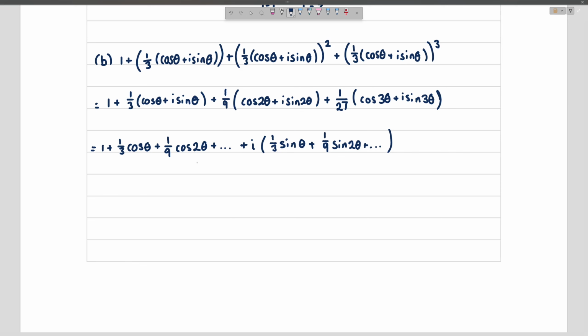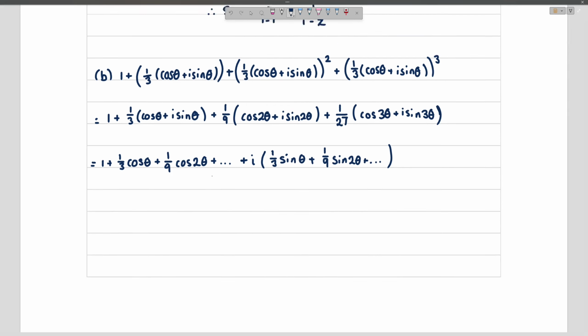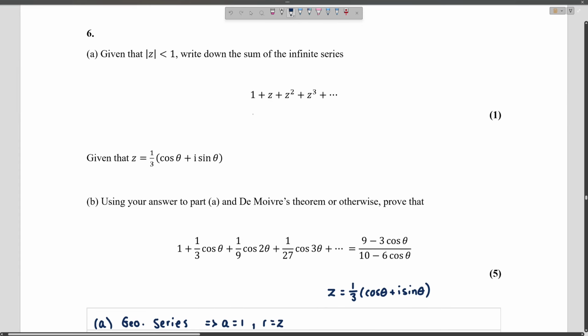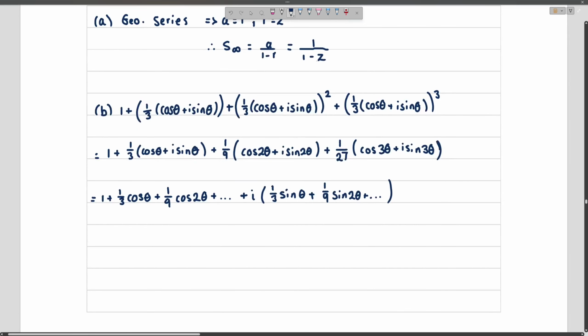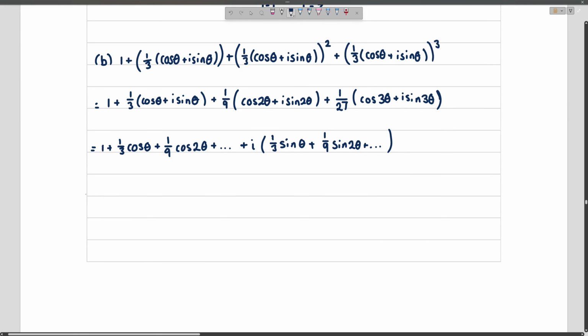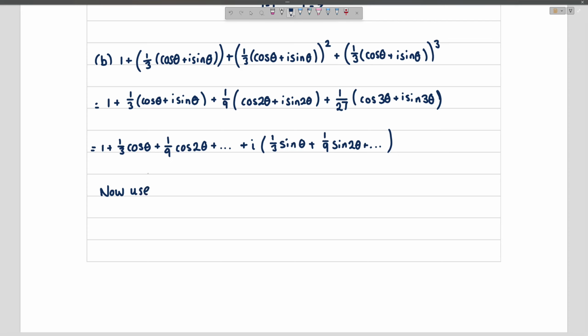So what we're now going to do is use the fact that this infinite series, as we had in part A, is equal to 1 over 1 minus z. So now use 1 plus z plus z squared plus so on and so on is equal to 1 over 1 minus z.